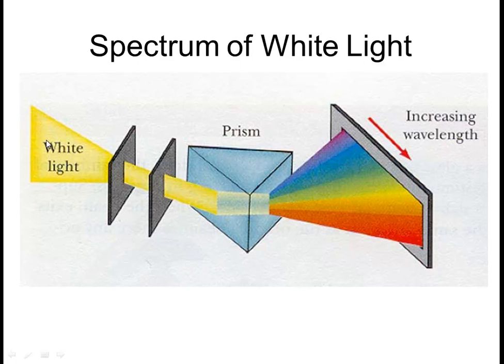White light, as we just talked about, contains all of the wavelengths of the visible spectrum, from 400 nanometers, which is violet, up to 700 nanometers, which is red light. And notice that in this illustration, there are no breaks in the color spectrum.